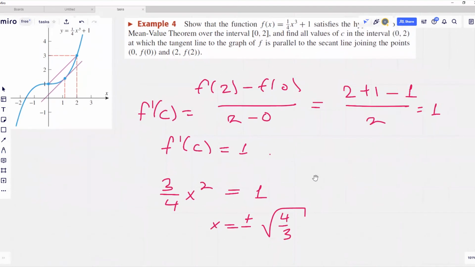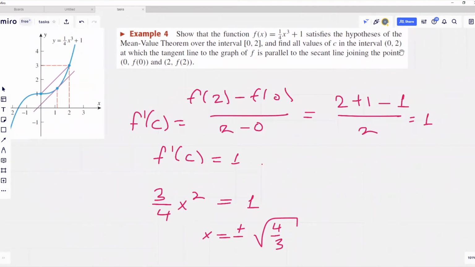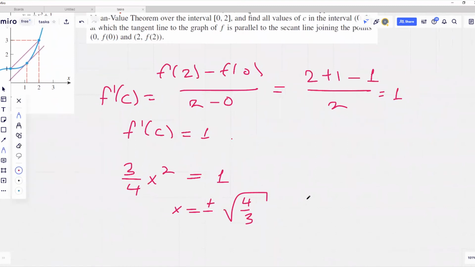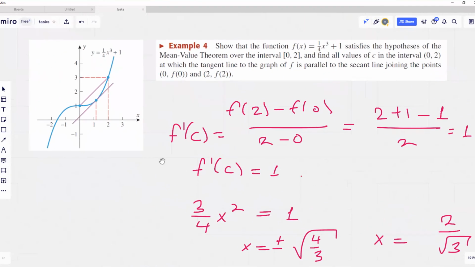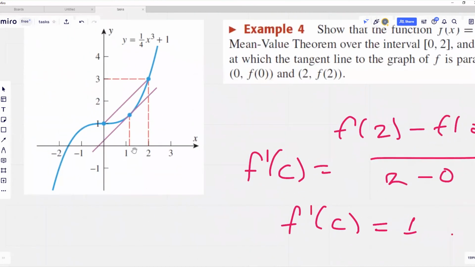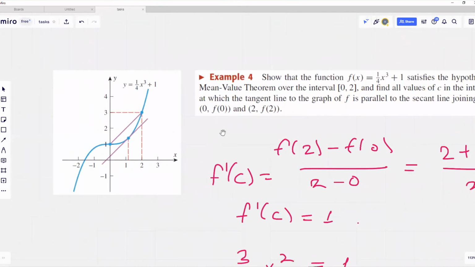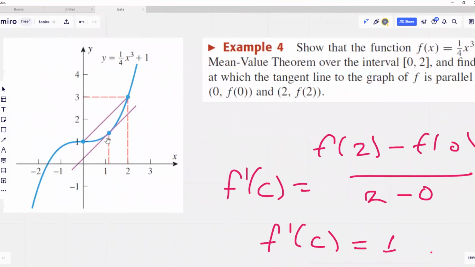The point that is positive and inside of our open interval is then x equal to 2 over root of 3. And this point is in the interval from 0 to 2, and somewhere here we can see that the slope of the tangent line at that point is equal to the slope of the secant line joining points 0, 1 and 2, 3.